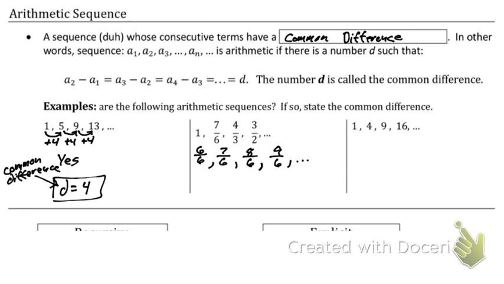We are adding 1 over 6 to each of these. So yes, it's arithmetic because we are adding 1 over 6, and our common difference is going to be a positive 1 over 6.